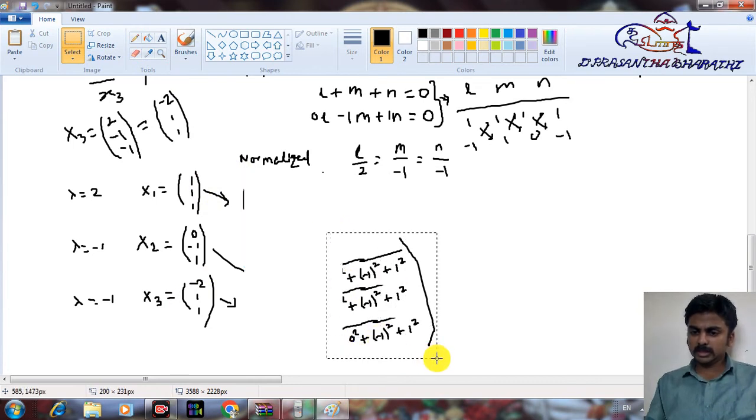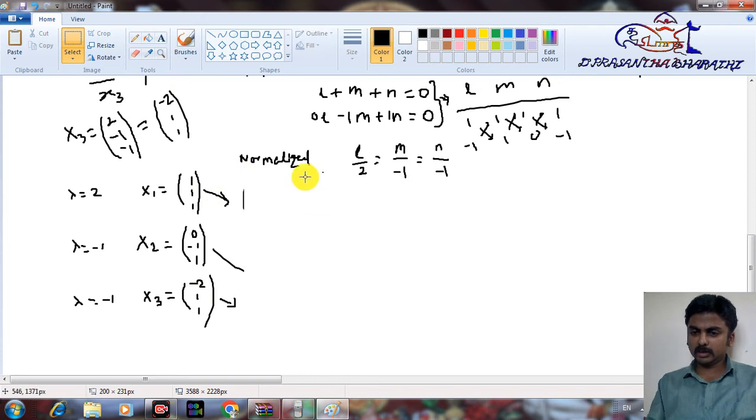Yes, you had a very good understanding of this. So the normalized form is given by 1 divided by root 3, 1 divided by root 3, 1 divided by root 3.